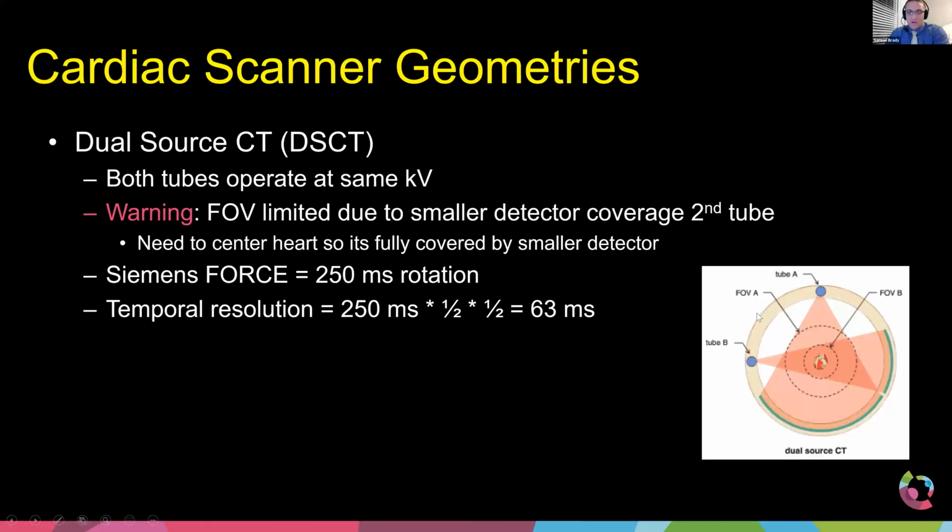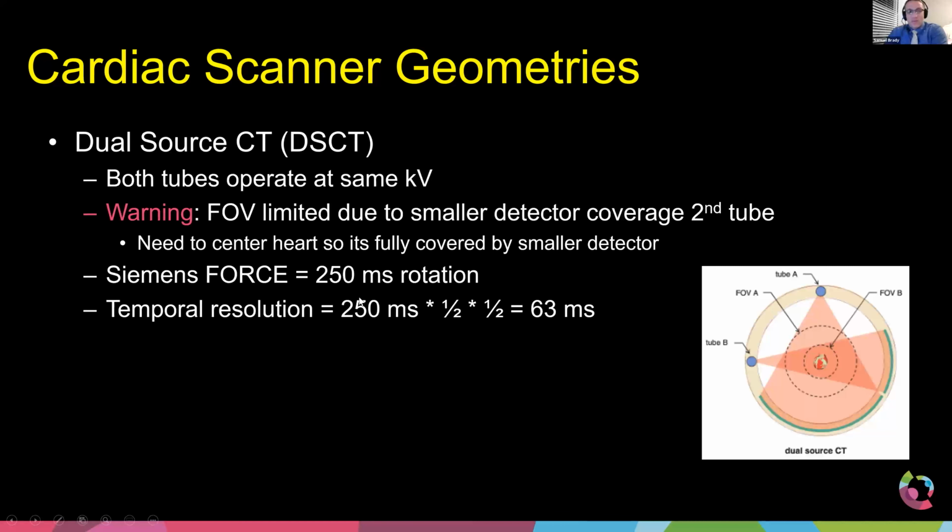It doesn't need to go all the way around to 180 degrees. Because by the time tube A rotates over here to the location where tube B is now down here, between the data we collect from tube A and tube B, we actually only have to spin half the time. So tube A only has to go 90 degrees and tube B only has to go 90 degrees.